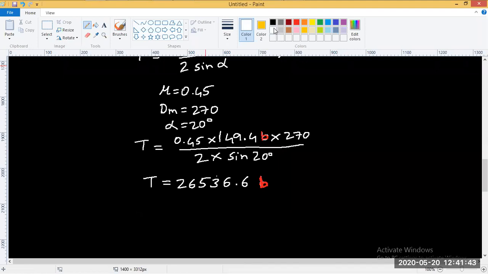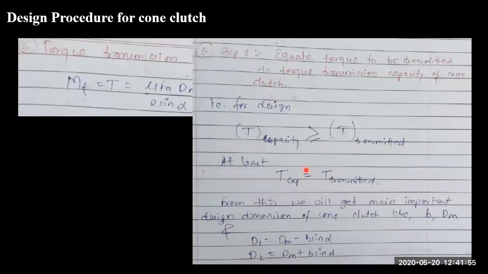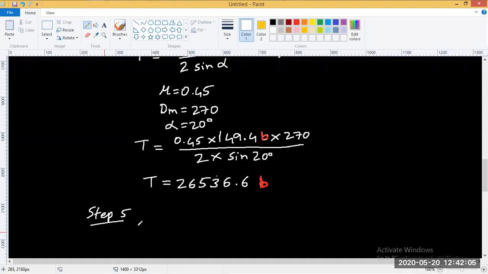So we'll move on to the last step. This is just equating. The last step is just to equate the torque transmitted and the torque transmission capacity, the required and the capacity.